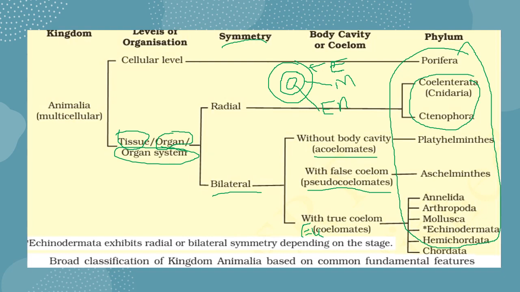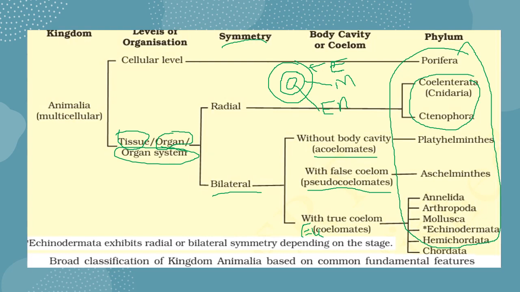If the body cavity is formed due to the mesoderm, the middle layer, then it is called eucoelomate. If it is formed due to some other reason, then it is called pseudocoelomate. And if there is no space between the internal organ and the outer body, then it is called acoelomate. I hope you are clear.